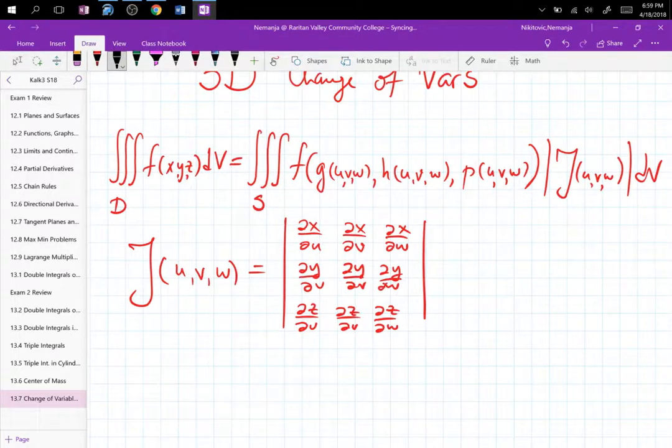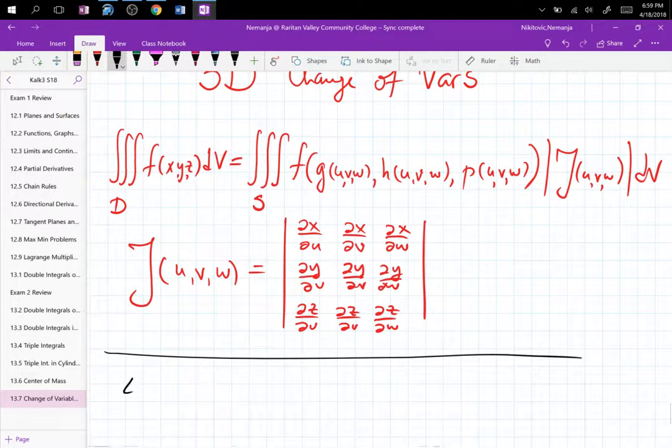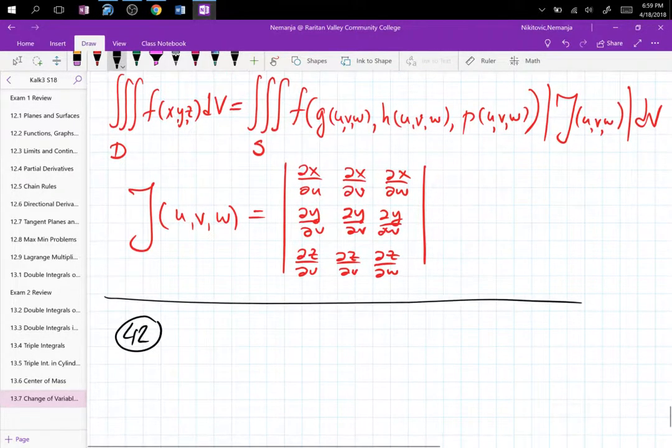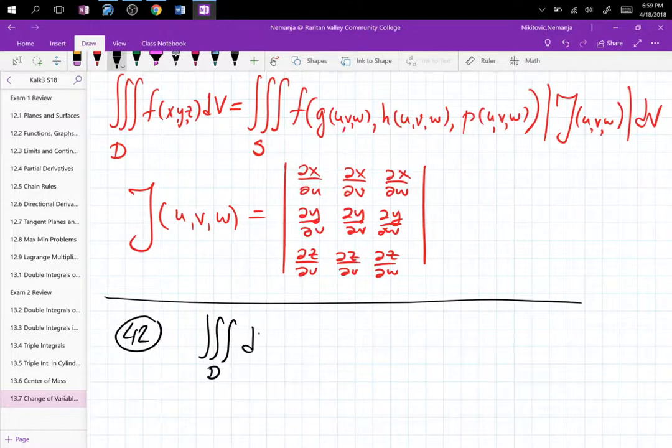All right, let's see if we can do anything with this stuff. We have a triple integral dV. At least we don't have to worry about the function inside.